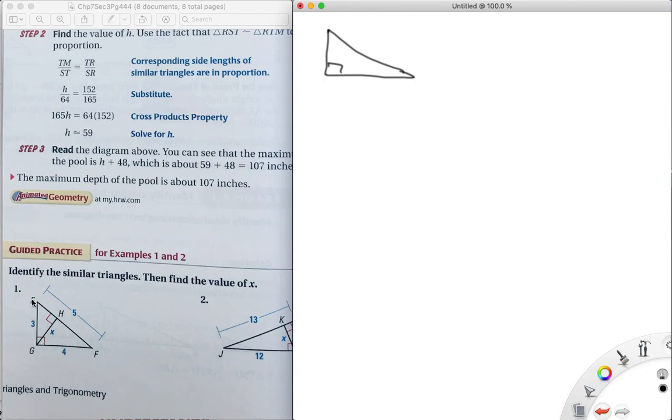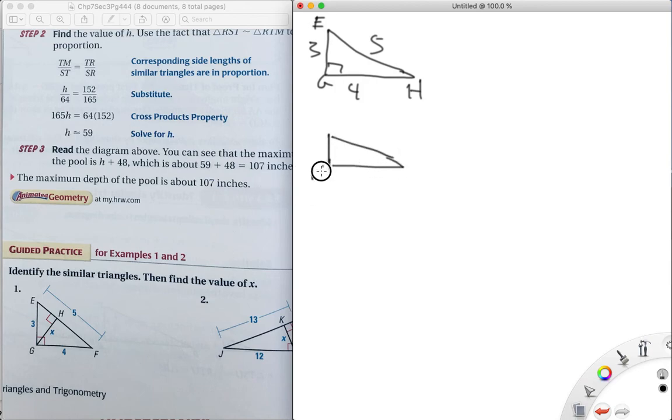So here I have EGH, where this is 3, this is 4, this is 5. So this is the small leg, medium leg, hypotenuse. I base everything off of the hypotenuse. So if I look at the medium triangle, again, I'm not making these triangles to scale.